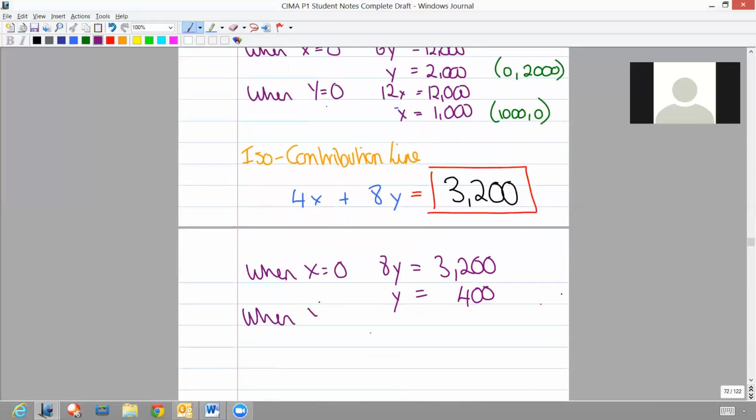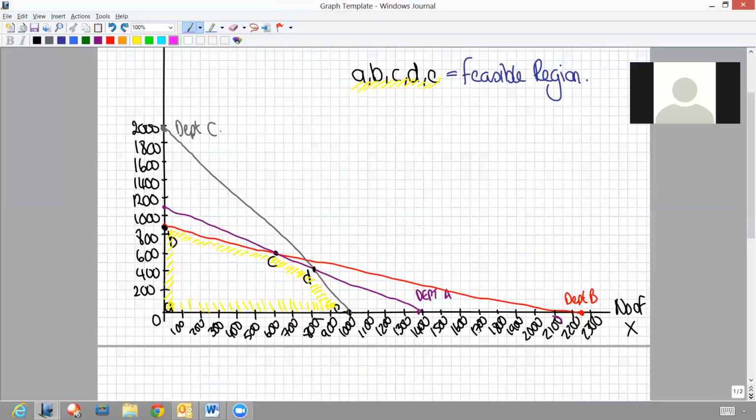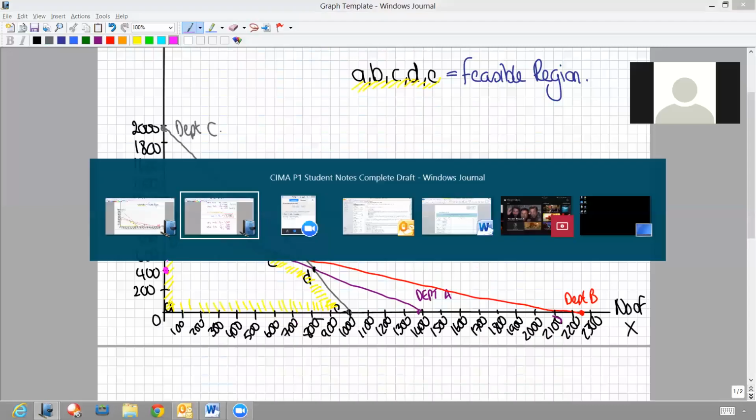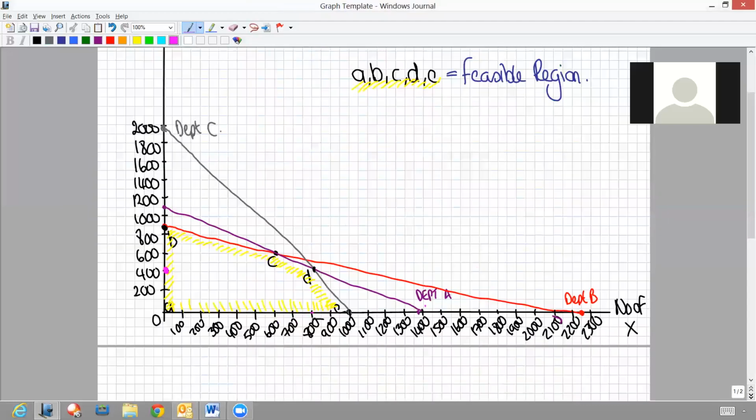And if we flip it round and say, well, when y equals 0, we've got 4x equaling 3,200. We then know that x must equal 800. You then go back to your graph and plot those lines. So we've got 400y and we've got 800x. So you then join the dots again and label it up ISO contribution line.